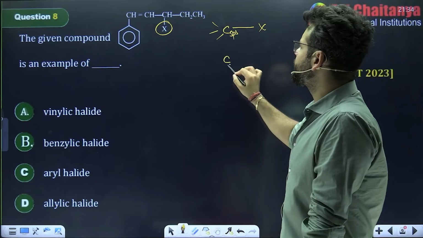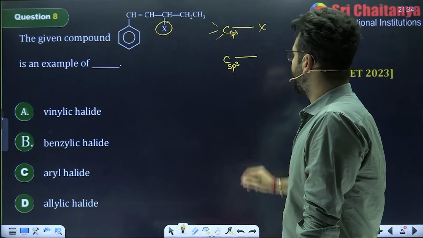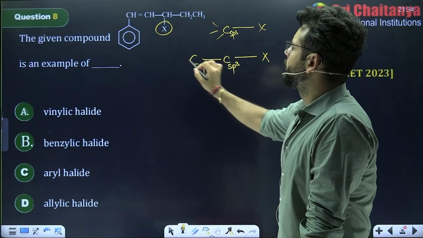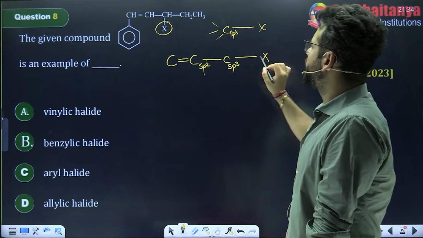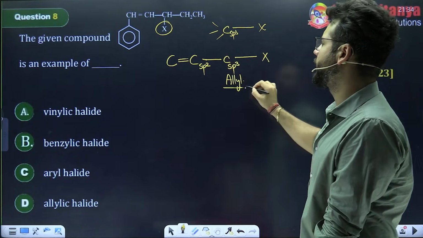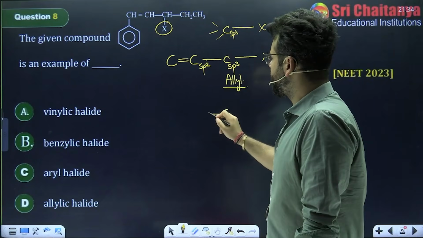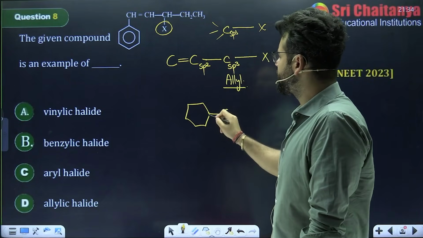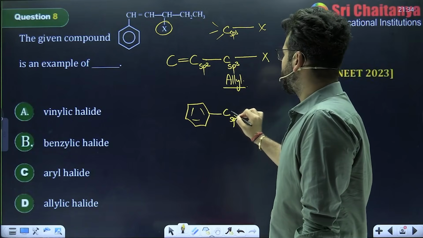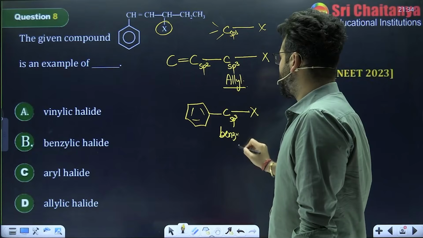But when this sp3 carbon is directly bonded to an sp2 carbon like this, then it is called an allyl halide, allylic halide. But if this sp3 carbon is attached to a phenyl ring, we call it the benzylic position. So this is benzyl halide.